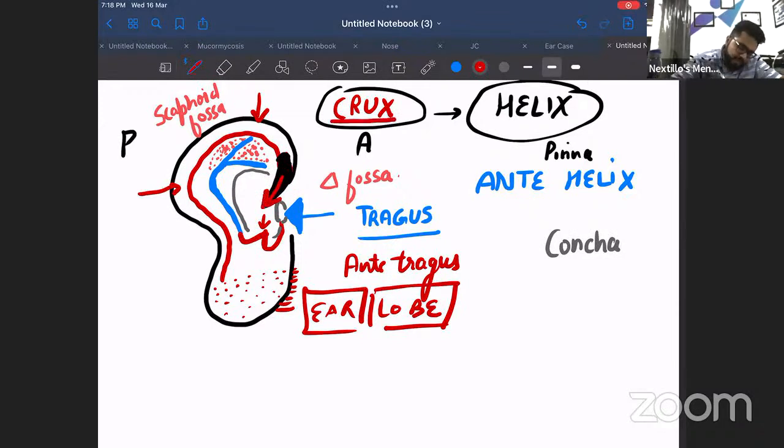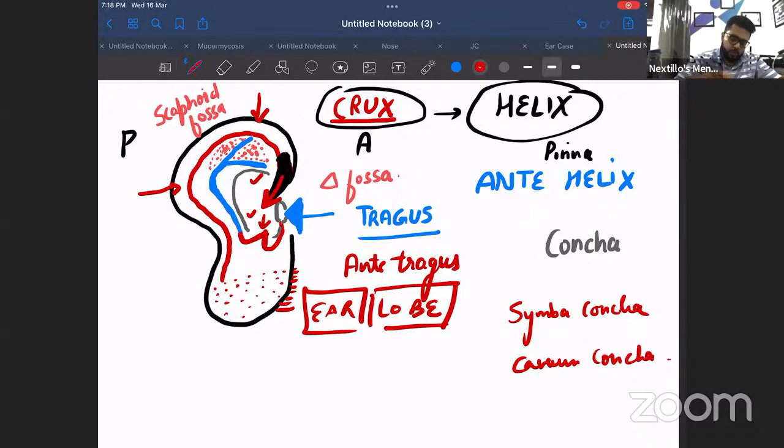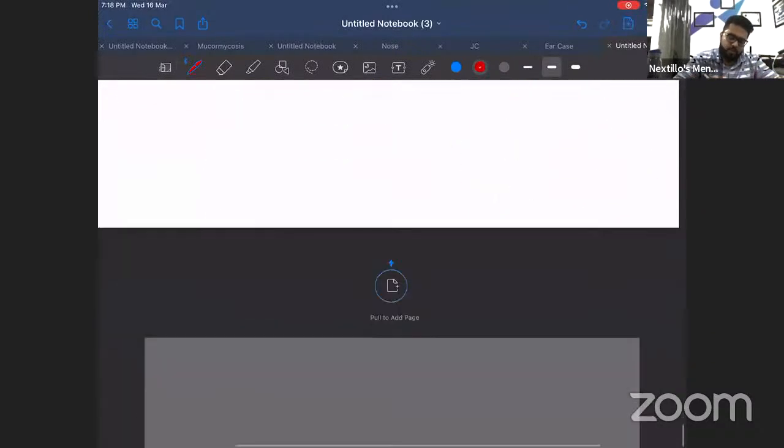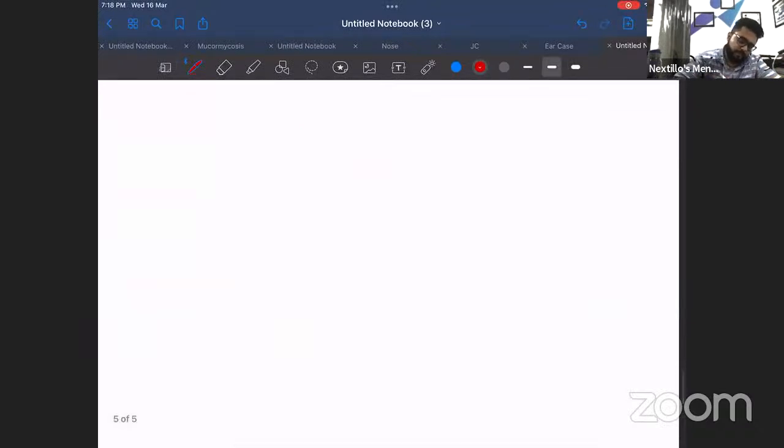So, the crux of the helix divides the concha into two: the cymba concha and the cavum concha.